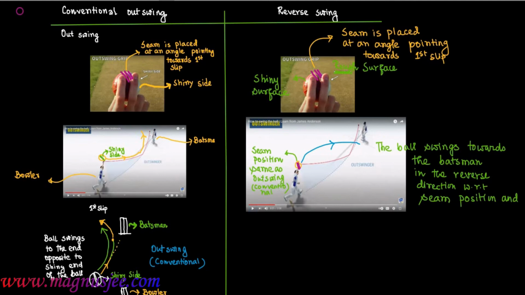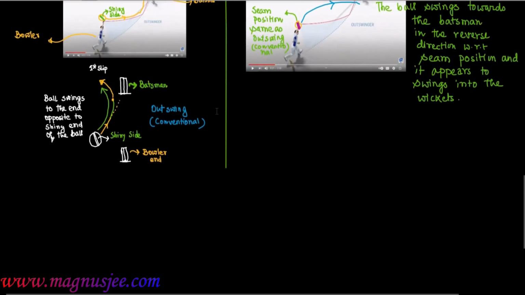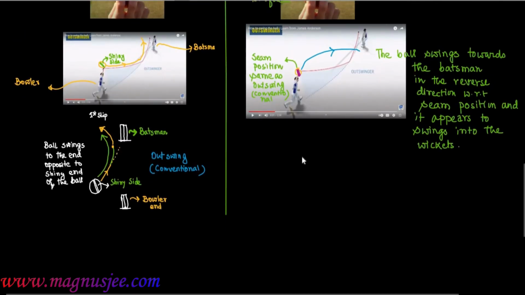The seam is pointing towards the slips, but the ball swings towards the batsman and appears to swing into the wickets. That is reverse swing. It was thrown with a seam position same as the conventional outswing, but inswing occurs.